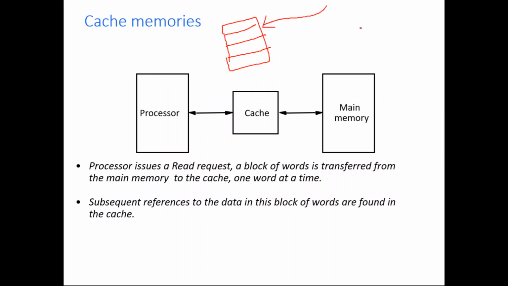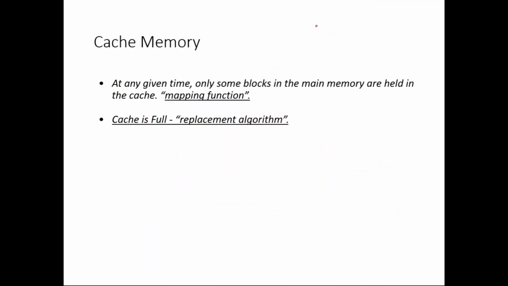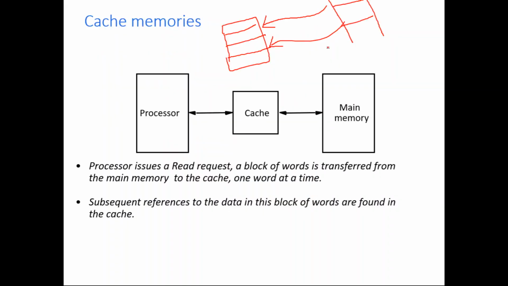Some portion of the main memory will be available in cache memory. So those blocks which are available in the cache memory are present both in the main memory and also in the cache memory.